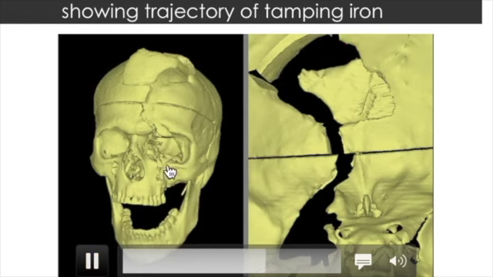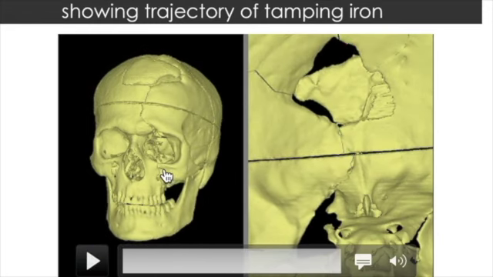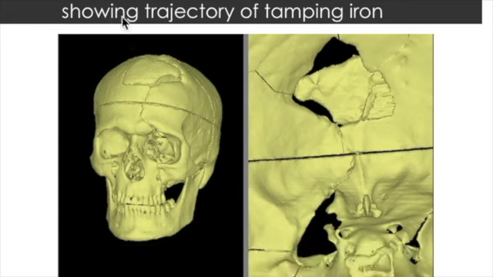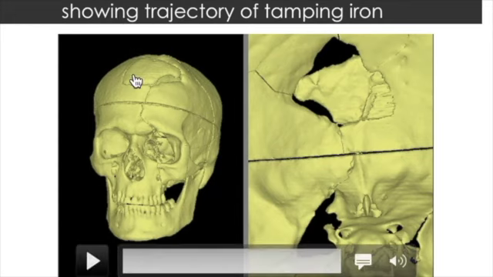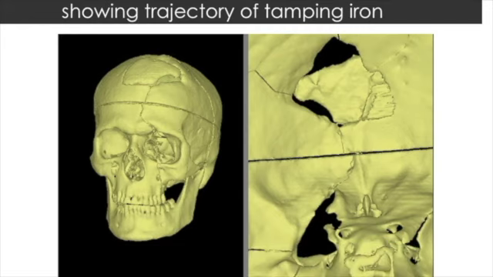You can see that by going through the eye and out the top of the skull, the tamping iron took out a small chunk of brain tissue that we now know to be in the orbital frontal cortex. And we'll talk much more about the orbital frontal cortex throughout the course of cognitive neuroscience.